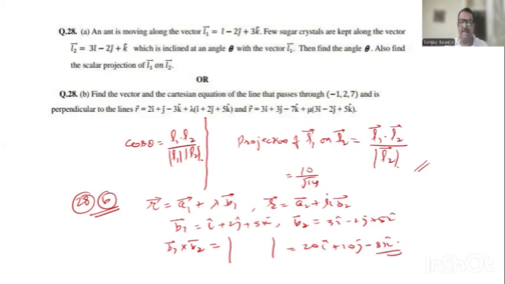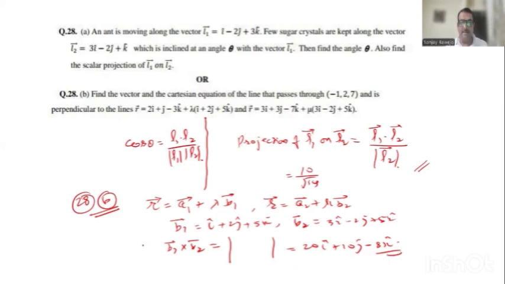Now it says that the required vector is perpendicular to these lines, correct? So let the required vector be B, which is parallel to B1 cross B2. So B can be taken as 20i cap plus 10j cap minus 8k cap.